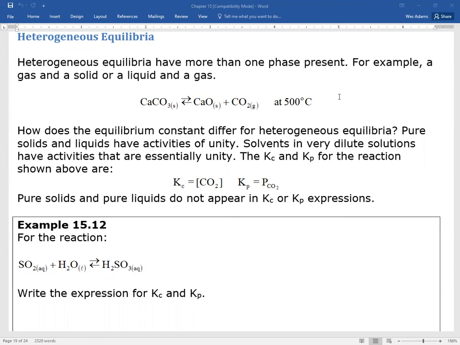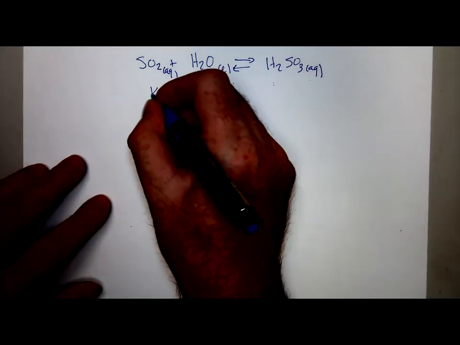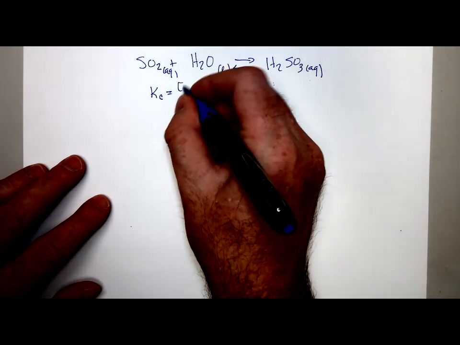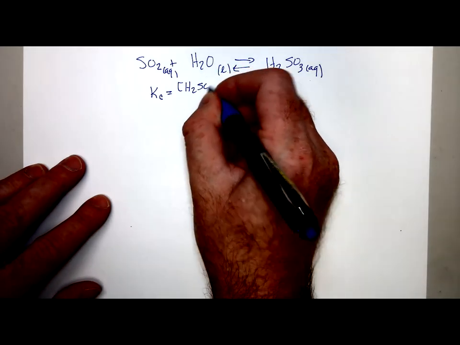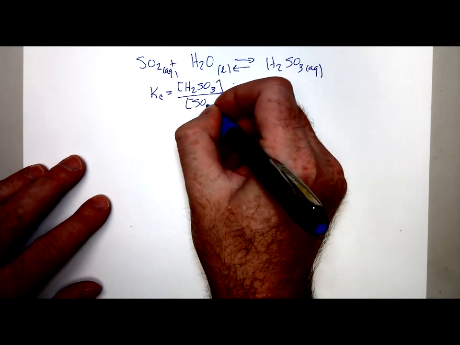We have SO2 aqueous, water liquid, and H2SO3 aqueous. Again, expressions for Kc and Kp. Water is a pure liquid and will not appear in the expression. So let's write it for Kc and Kp. Let's start with Kc. Product, concentration of H2SO3 divided by concentration of SO2.